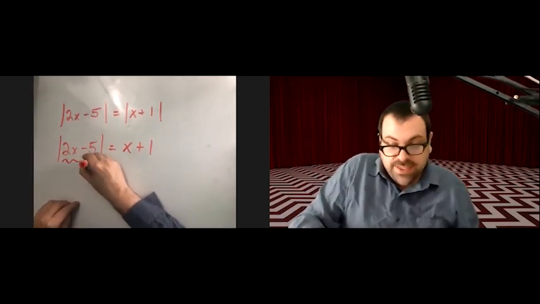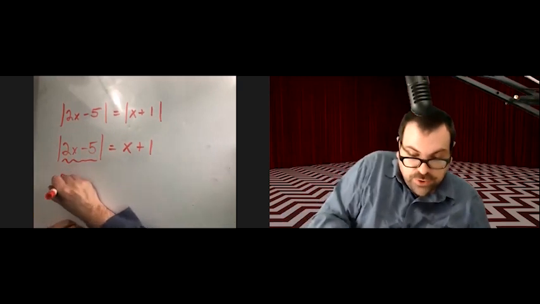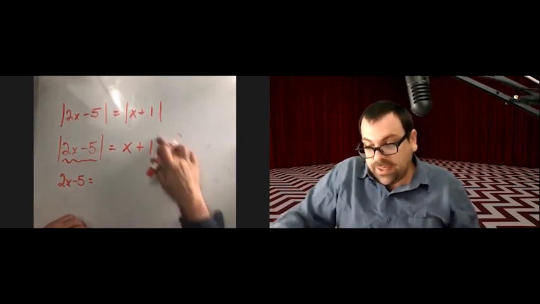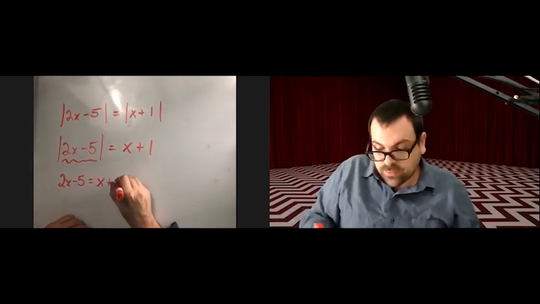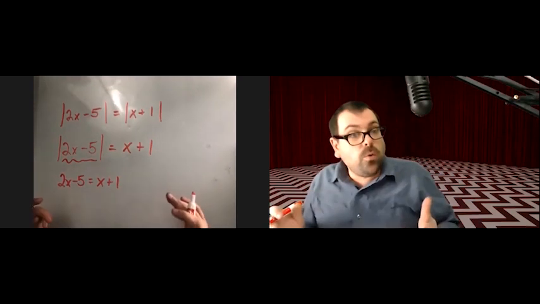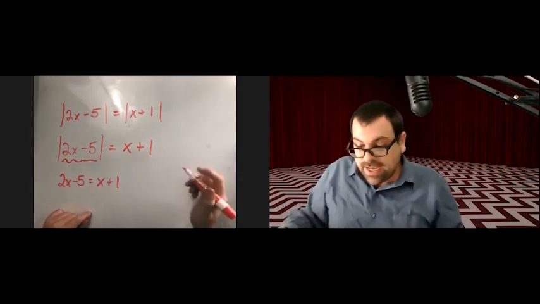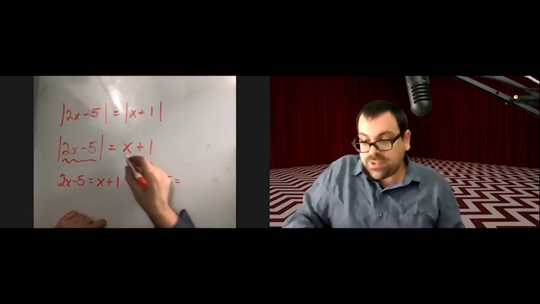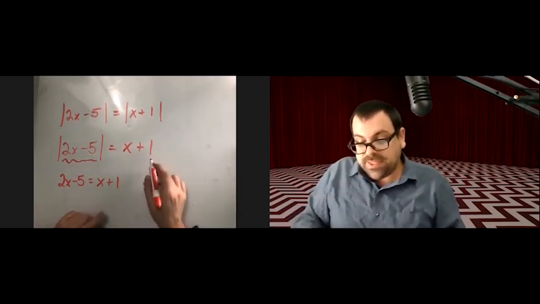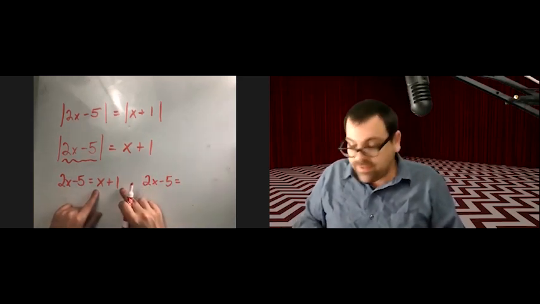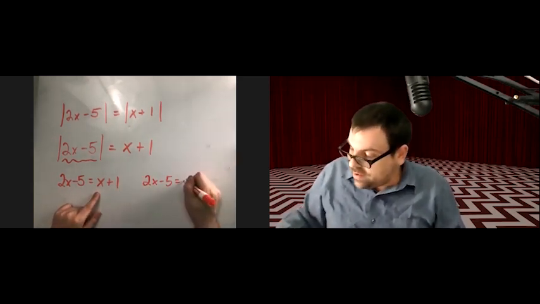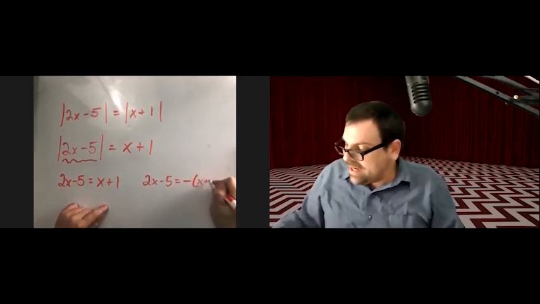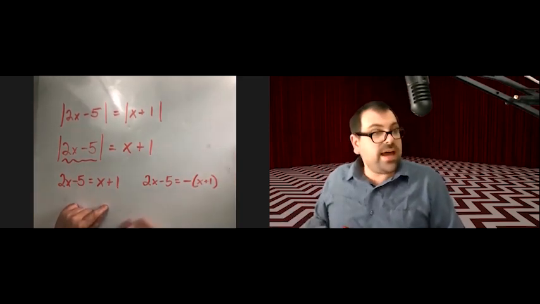Either the stuff inside, the 2x minus 5 equals exactly this x plus 1, or the stuff inside, the 2x minus 5 equals, if this represents one of the things, then the opposite of this, the negative version, if you want to think of it that way.